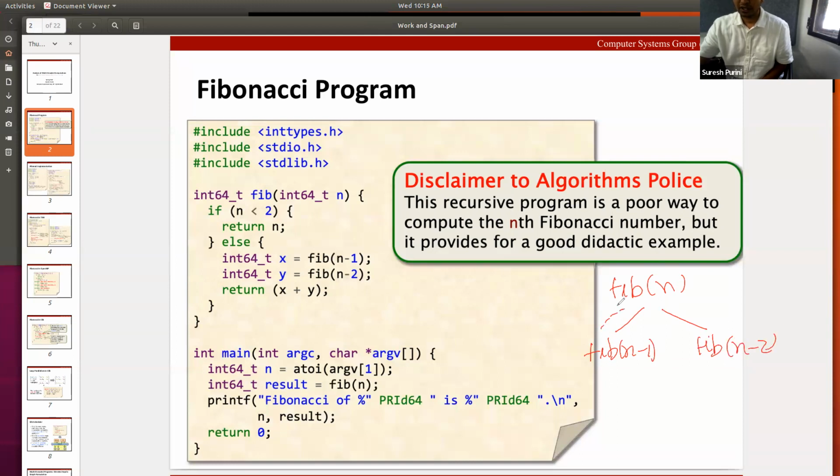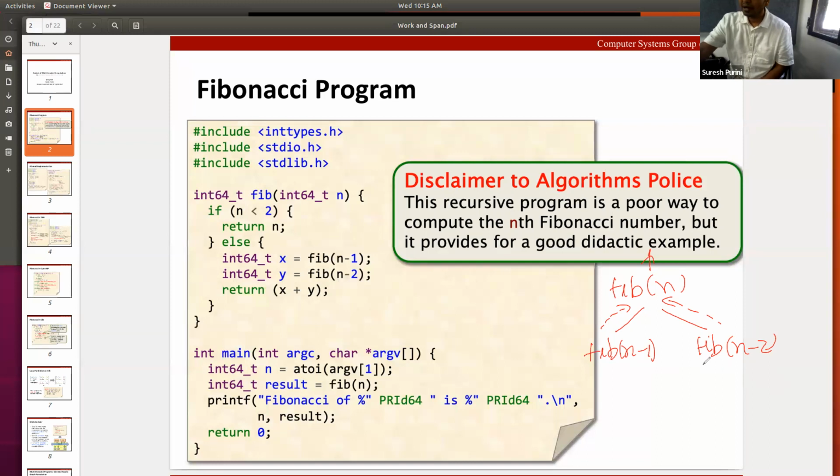Whatever results you get, you return back to Fibonacci n, and it will sum them up and return to whatever function is calling it. So you can clearly see there is task parallelism: you can compute Fibonacci n minus 1 and Fibonacci n minus 2 independent of each other. So it's great.